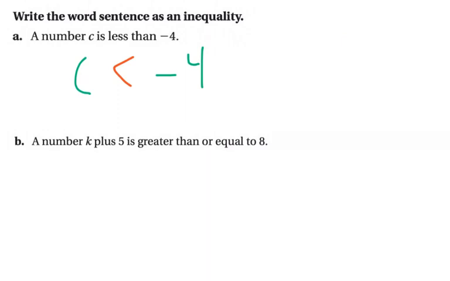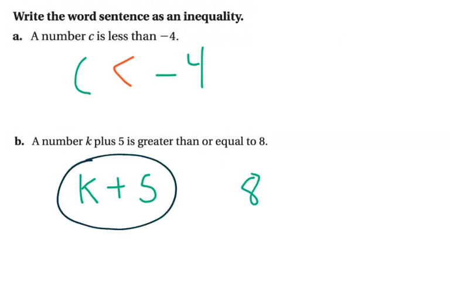Okay, a number K plus 5 is greater than or equal to 8. So we have this expression, K plus 5, and it is greater than or equal to 8. So what's on the left side is bigger.